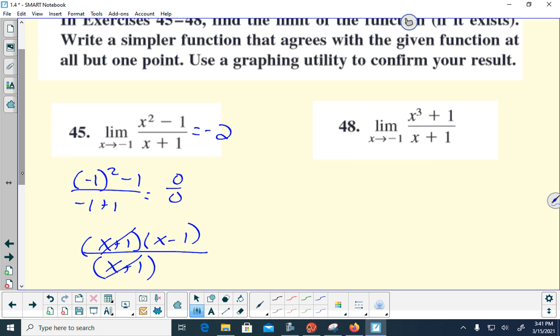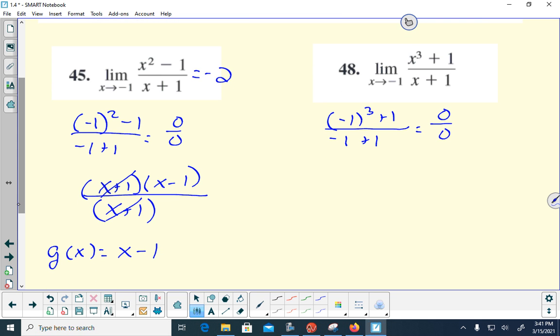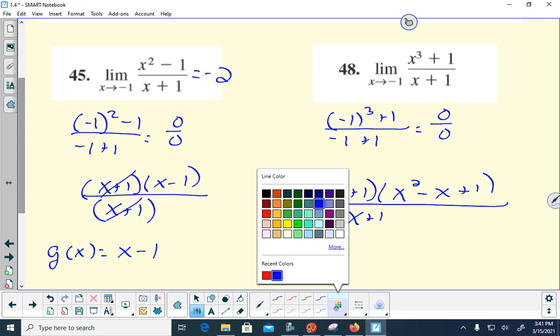Okay, number 48, if I put in -1, I'd have -1 to the 3rd plus 1 over -1 plus 1, and I would get that 0 over 0, which tells me that I can simplify and I can find the limit. The numerator is the sum of two perfect cubes, so that's going to factor as x plus 1 times x squared minus x plus 1, all over x plus 1.